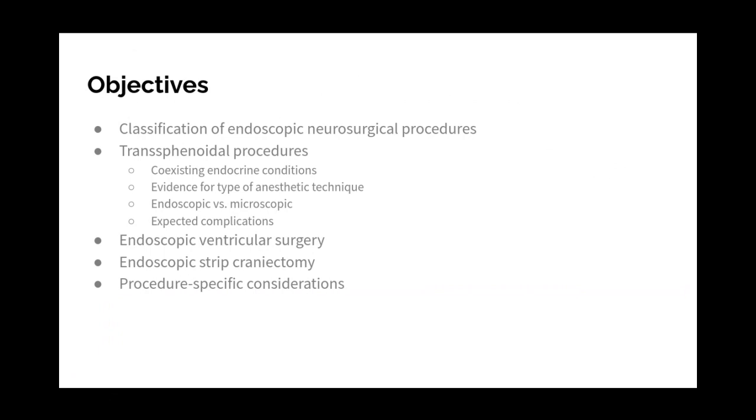The evidence for whether a certain type of anesthetic technique is better or not. Talk about some of the literature surrounding endoscopic versus microscopic techniques for these procedures, the expected complications, and then I'll briefly touch on the endoscopic ventricular surgical procedures, as well as in the pediatric populations, craniosynostosis repair with endoscopic techniques, and then discuss some of the procedure-specific considerations.